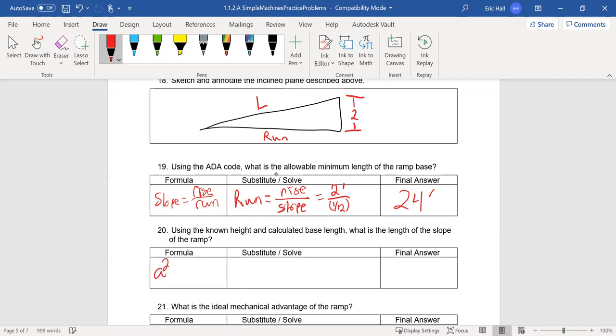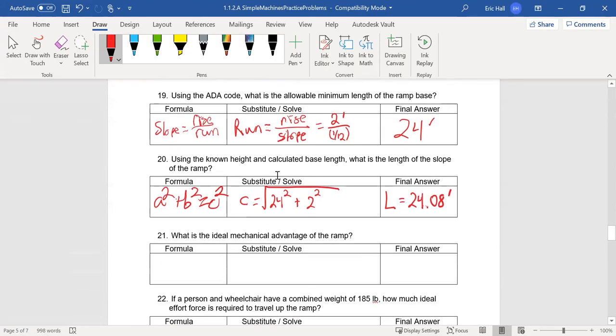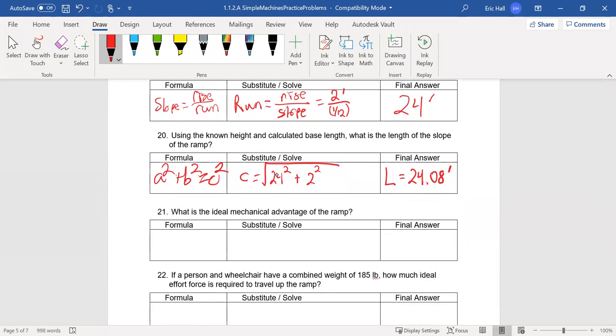So we'll write down that's our equation and go from there. c is equal to the square root of 24 squared plus 2 squared. If we work that out, our slope, or L, is going to be equal to 24.1. Maybe you say 24.08 if you want to.